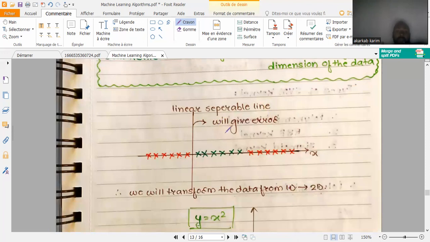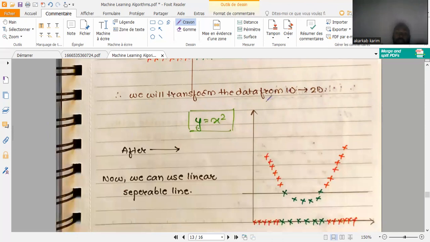A linear separator will give errors because with the data here we cannot draw a specific line. It's not linearly separable in this case. So what we can do is write in our equation y equal to x squared, transforming data from 1D to 2D.